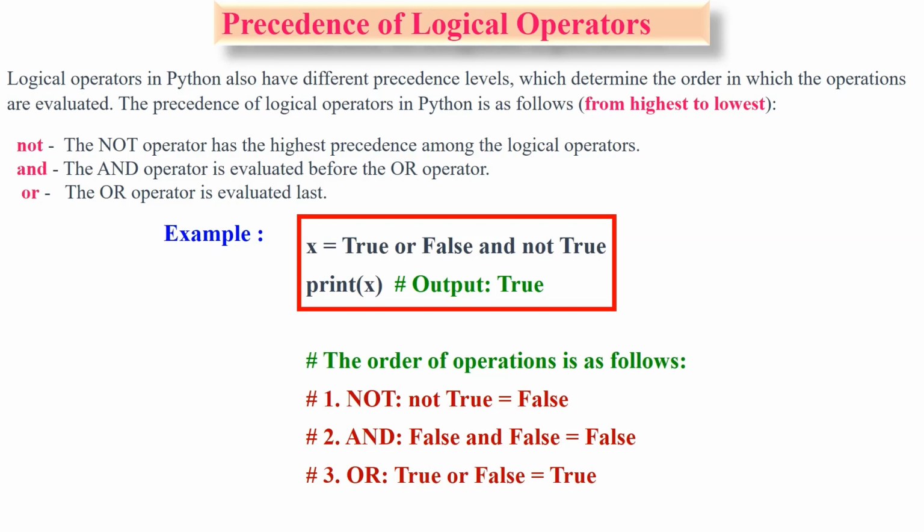False and not true evaluates to false because one of the operands, false, is false. Finally, the OR operator is evaluated. True or false and not true evaluates to true because one of the operands, true, is true. Therefore, the final value of x is true. When you print x, the output will be true.